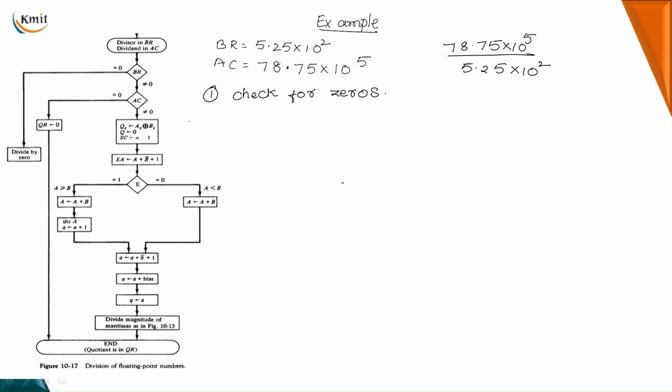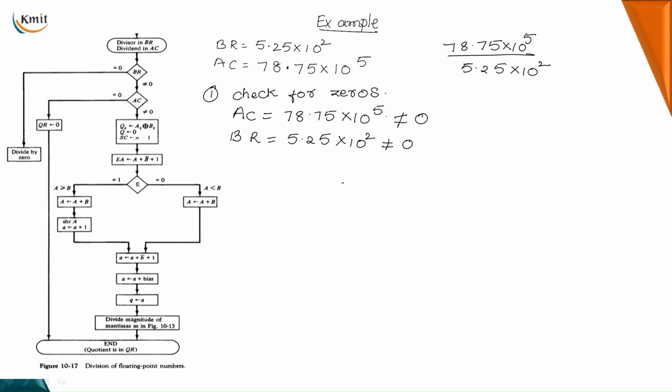First I check the value of AC, which is 78.75 into 10 to the power of 5, which is not equal to 0. Similarly, BR contains 5.25 into 10 to the power of 2, which is also non-zero.